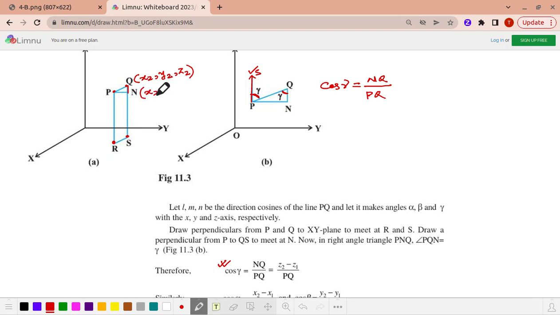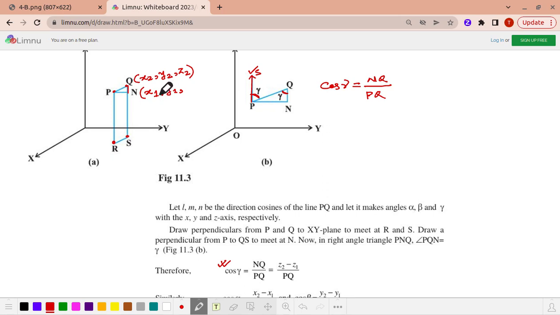The x and y coordinates of the point N will be the same as that of the point P, so x1, y1, but its z coordinate will be changed. That will be the z coordinate of the point P.